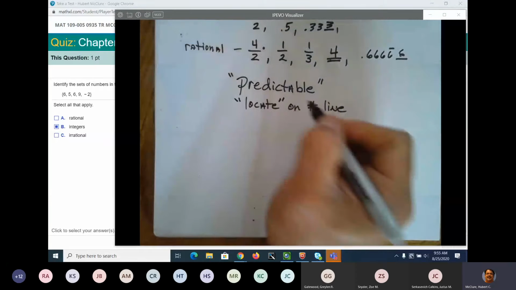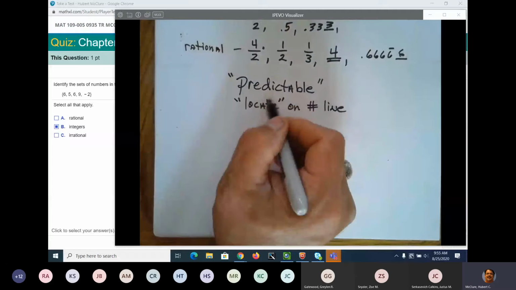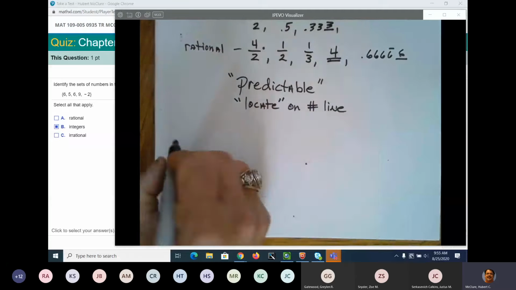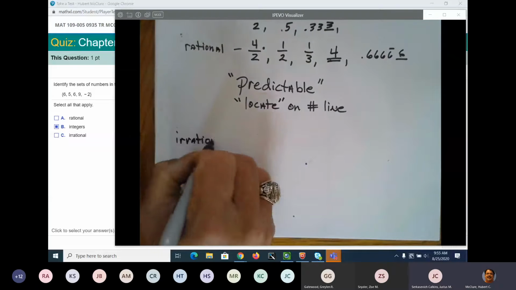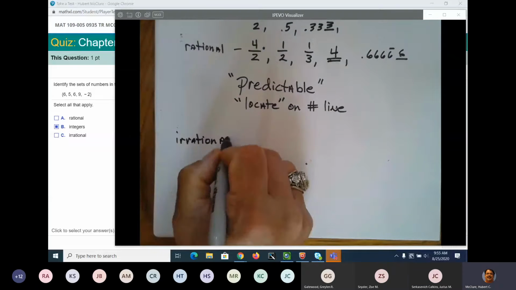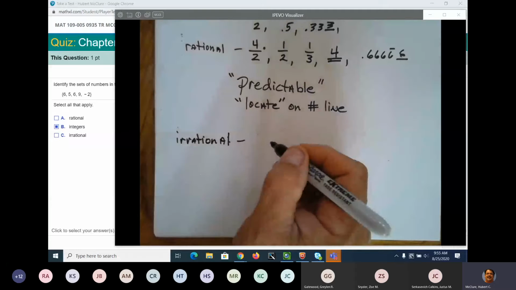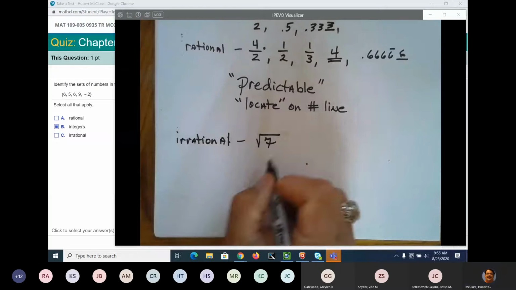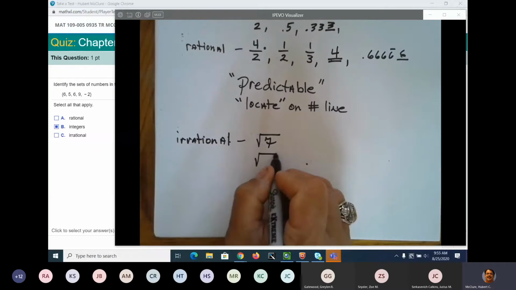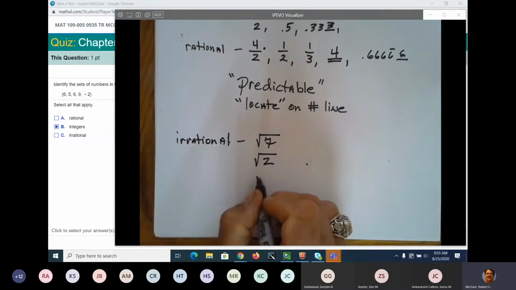So if rational means predictable and locatable, what does irrational mean? Unpredictable. I'll give you 3 good examples: the square root of 7, the square root of 2, and pi.